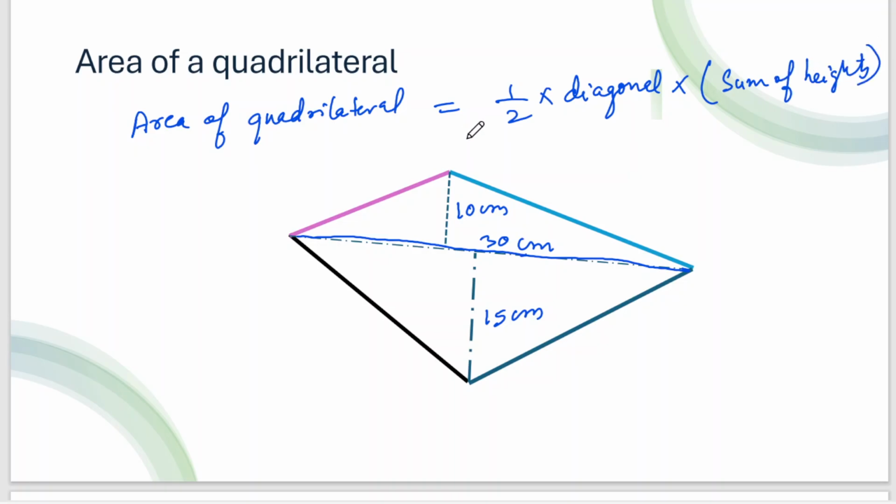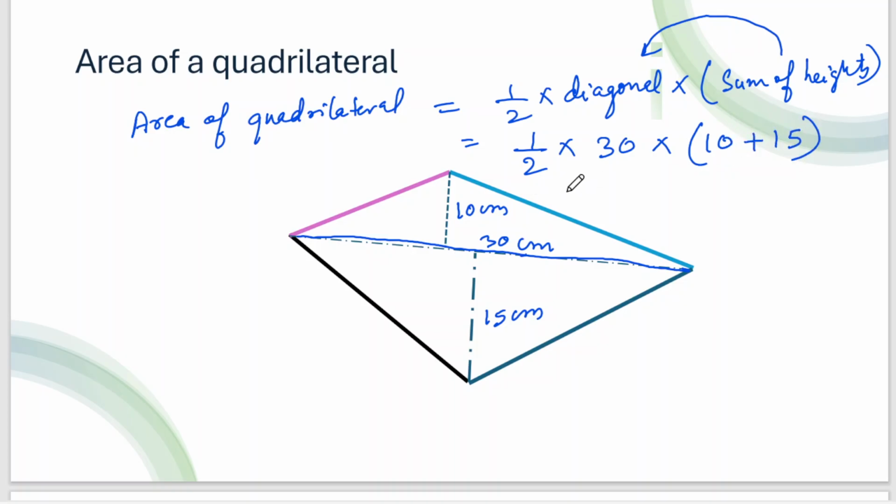Remember, these heights should be only on this diagonal. Both the heights we are getting on the same diagonal. So half into the diagonal, which is 30, into the sum of heights, that is 10 plus 15.